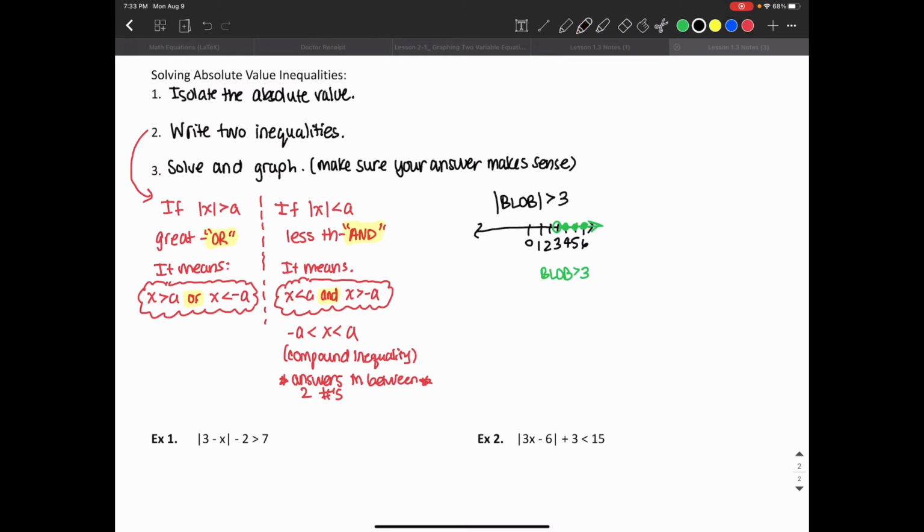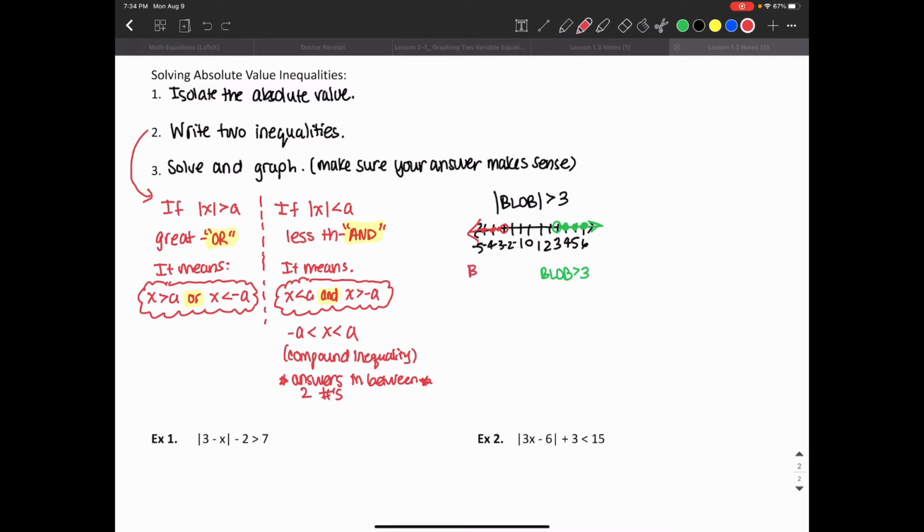Also, if I look to the left, I have -1, -2, -3, -4, -5. Well, -4 and -5 work. -3.5 works. Everything to the left of that works. So everything that's just a little bit less than -3 works for what blob could be.